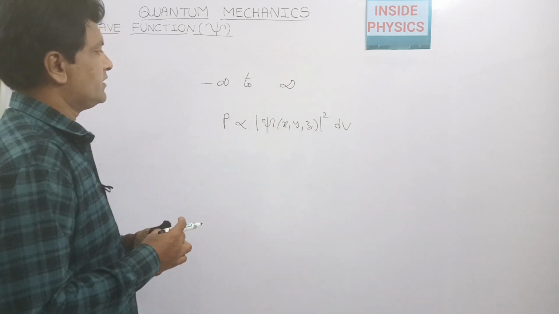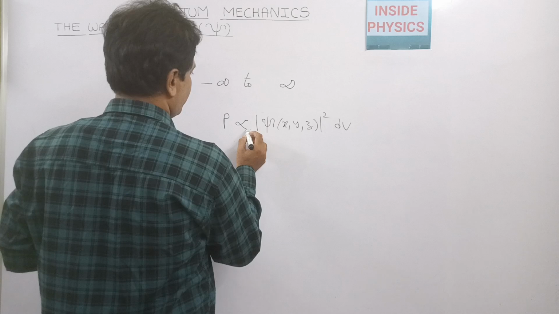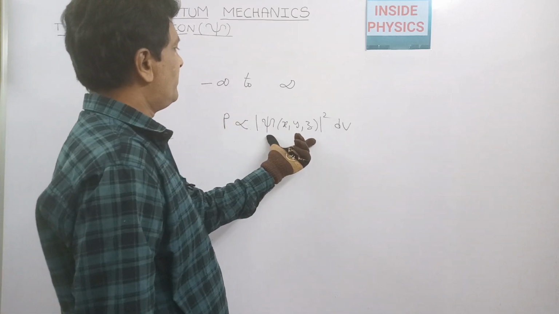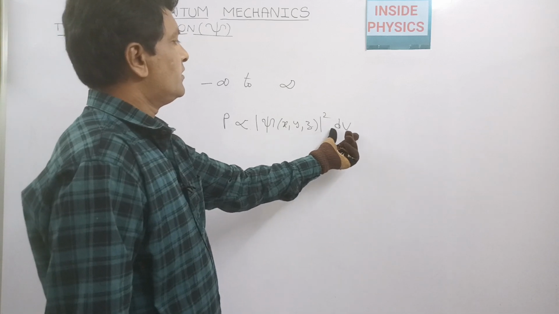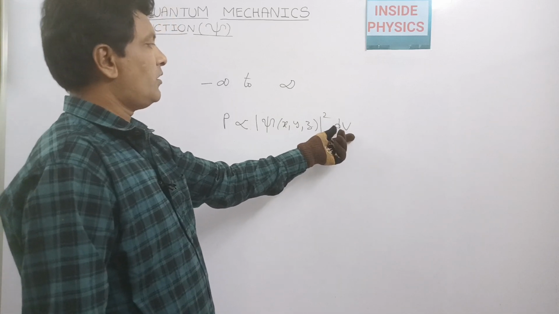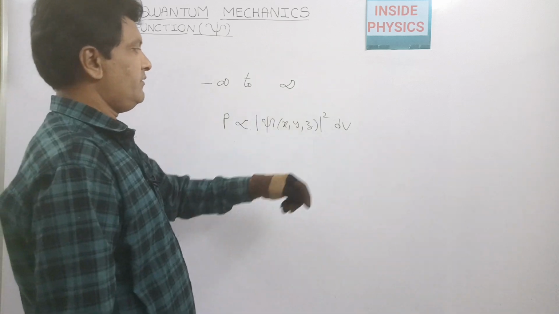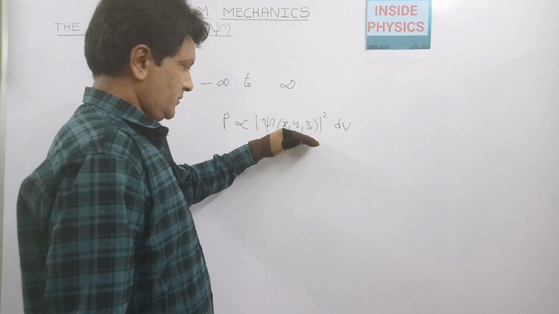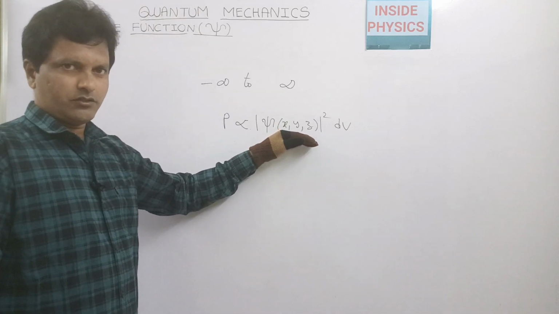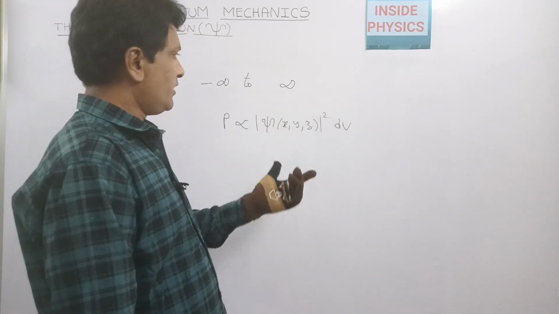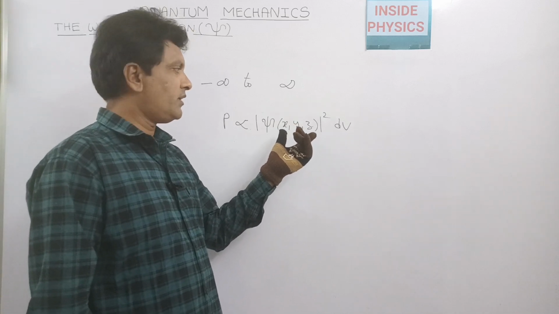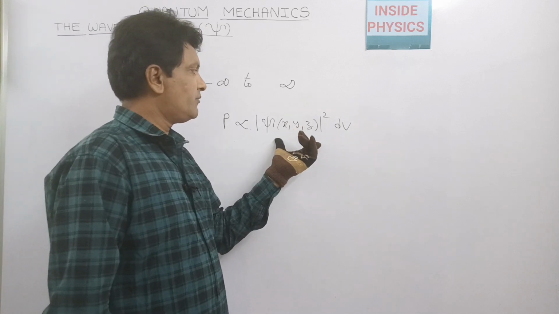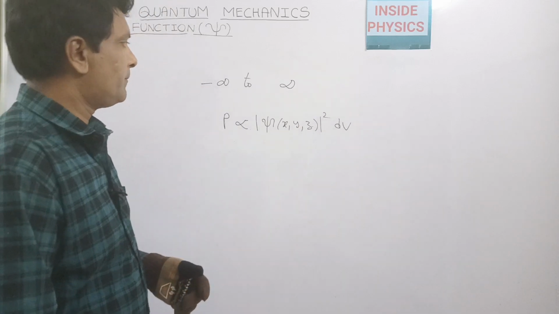For now, as per Max Born, the probability is proportional to the square of the magnitude of psi for the small space dv. This magnitude is always a real value. Even though psi is a complex valued function, the square of the magnitude gives a real value.